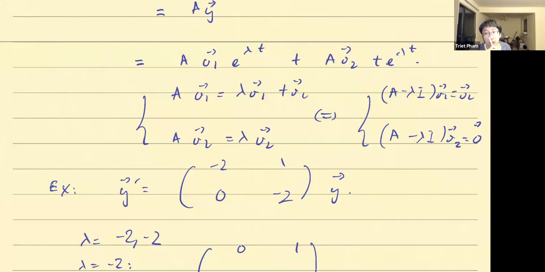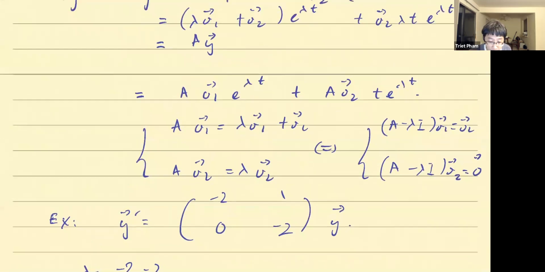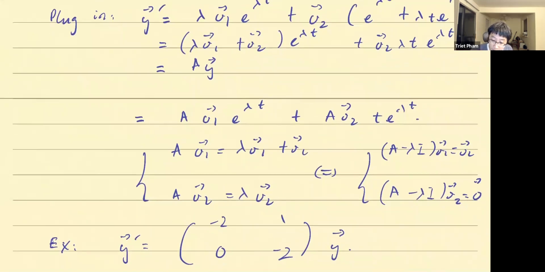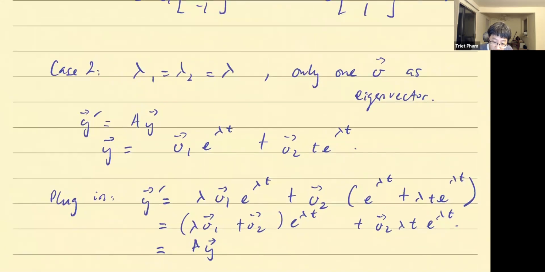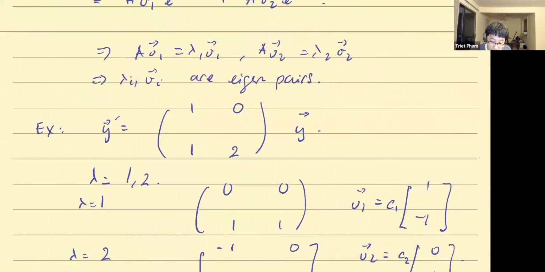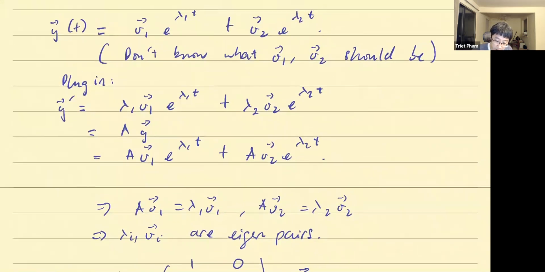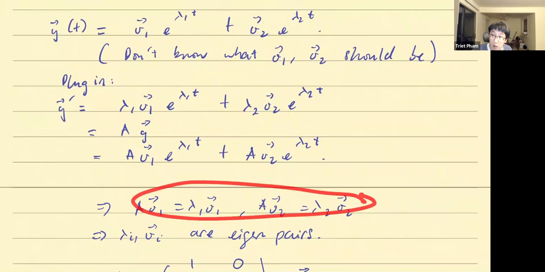That actually will imply that V1, V2 are two eigenvectors. So that exactly goes against our assumption. So that's not the case we're discussing. Exactly, that will be this case right here.